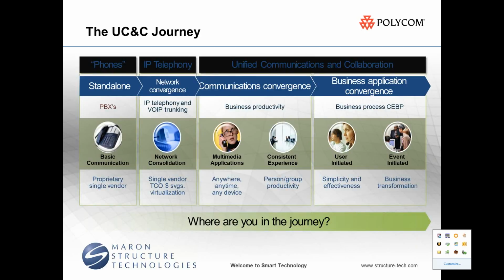So the UC Journey starts on the left side, doesn't have to include phones, very often does include PBXs. But if you're just doing it with a PBX, basically what you're probably doing is conference calls. Or in its simplest form, UC, or Unified Communications, is talking one-on-one with somebody else.